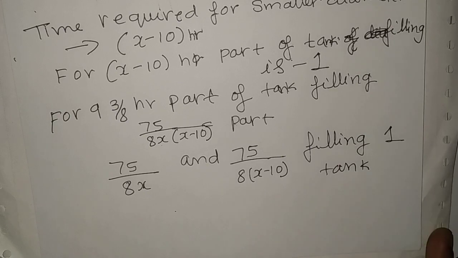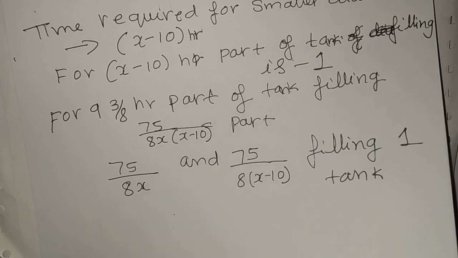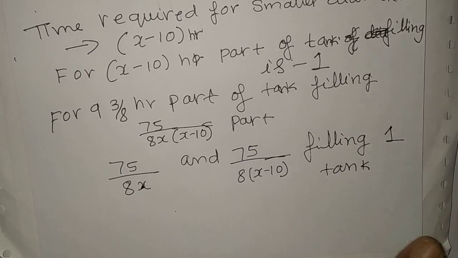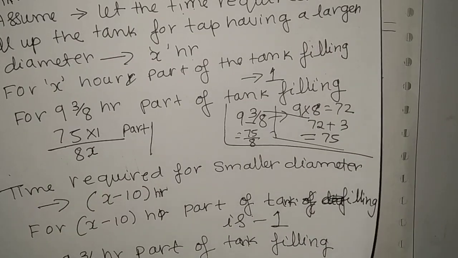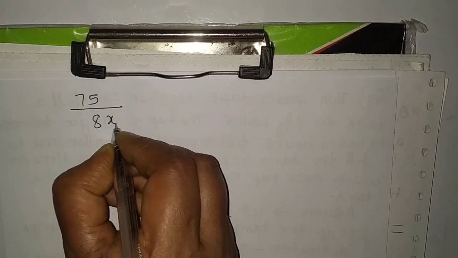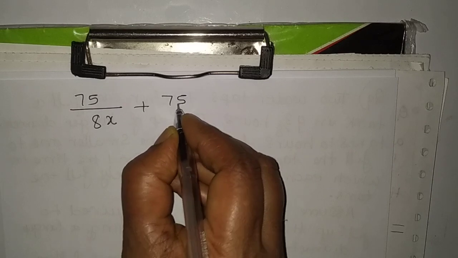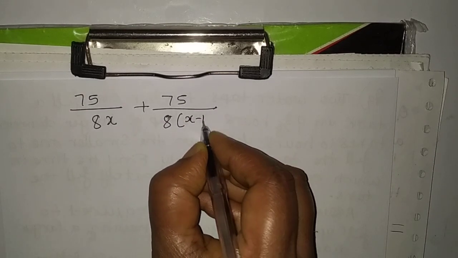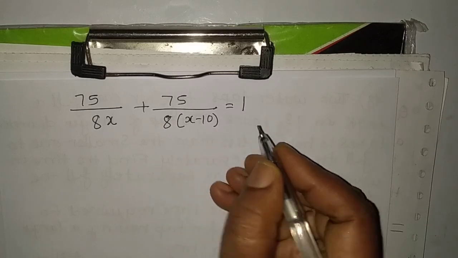Now we'll simplify this. Simplification is quite confusing. So 75/8x plus 75/8(x minus 10) is equal to 1.